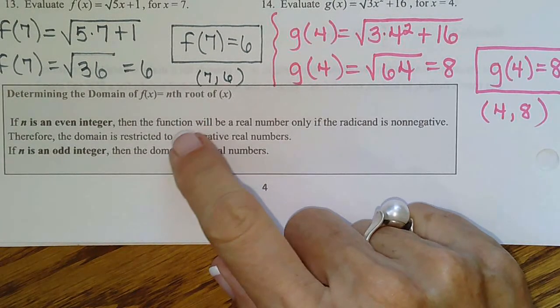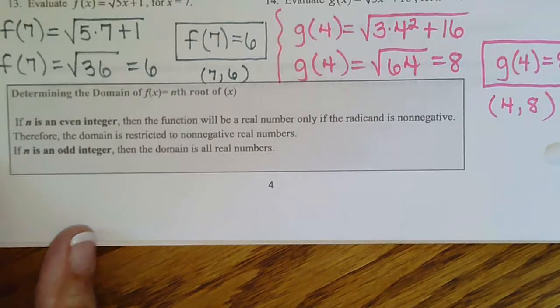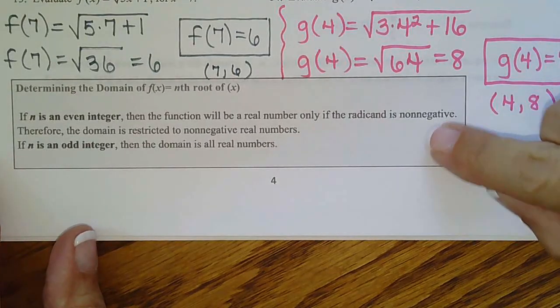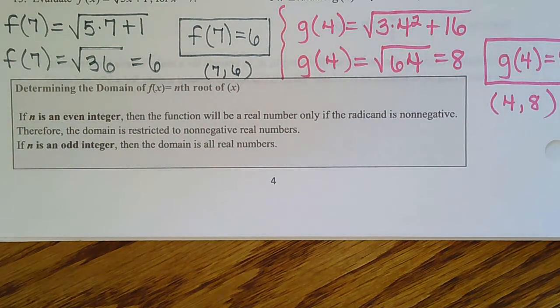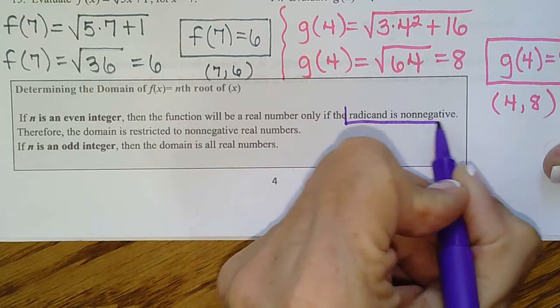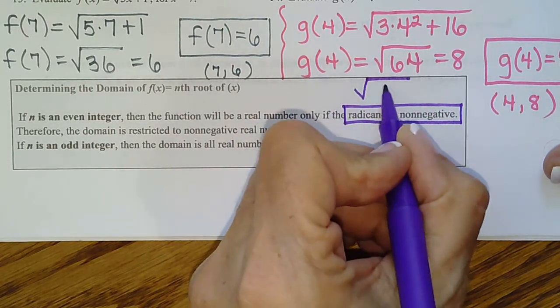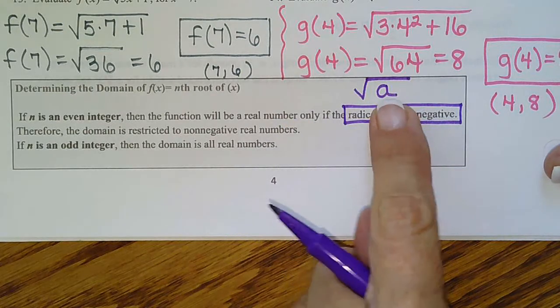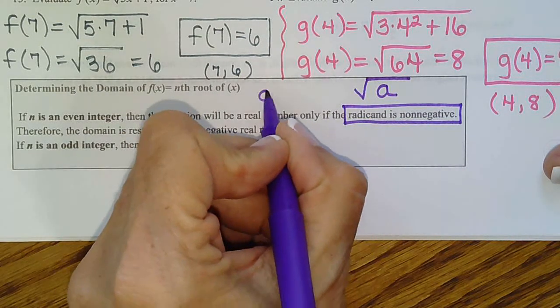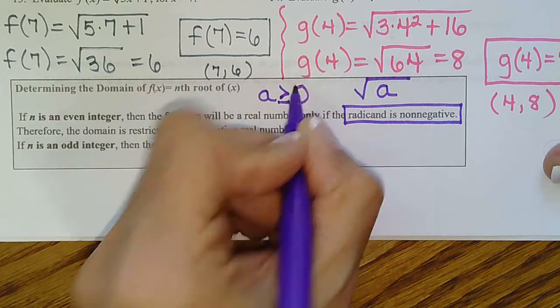So to determine the domain, if it's even, do you remember that what's under the radical has to be positive or 0? So we call that non-negative. So the radicand has to be non-negative. So that means A is the radicand, right? Has to be greater than or equal to 0.